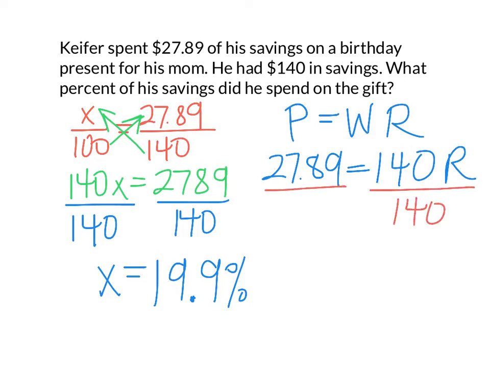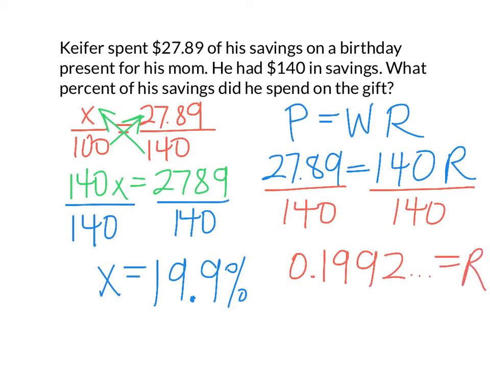That undoes the multiplication. And we get 0.1992, etc. equals the rate. But remember that we have to multiply by 100 in order to turn it into a percent. So again, 19.9 if we round to the nearest tenth percent.